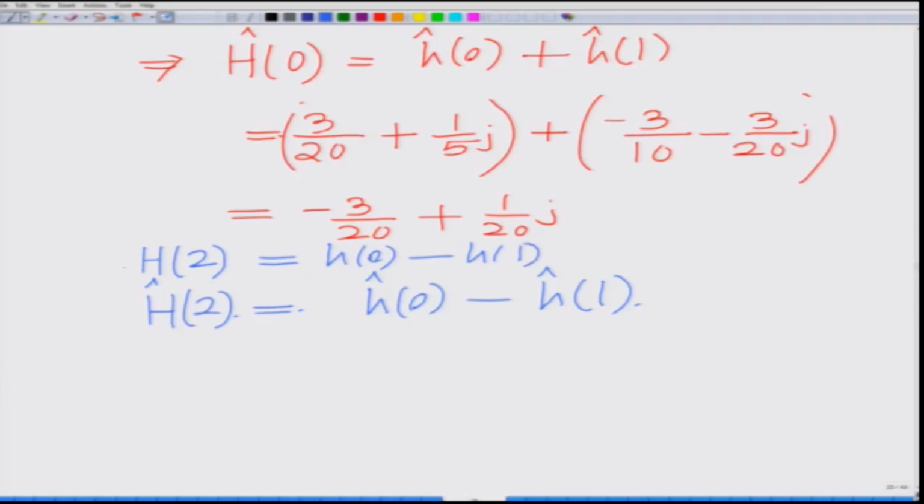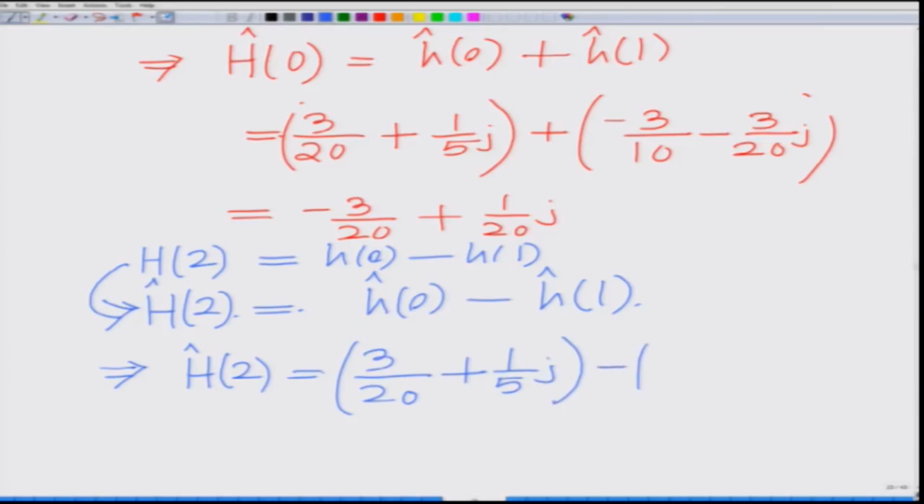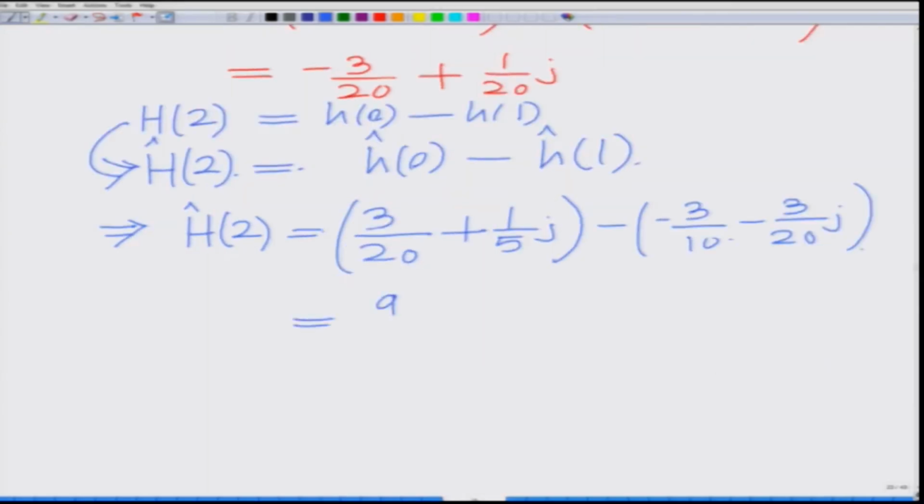Therefore, capital H hat 2 equals small h hat 0 minus small h hat 1, which equals 3 by 20 plus 1 by 5 j minus 3 by 10, I am sorry, minus 3 by 10 minus 3 by 20 j, equals 9 by 20 plus 7 by 20 j, that is equal to your H hat 2.